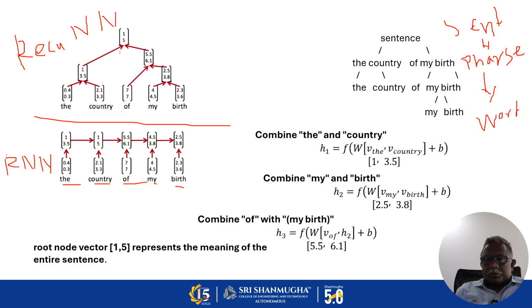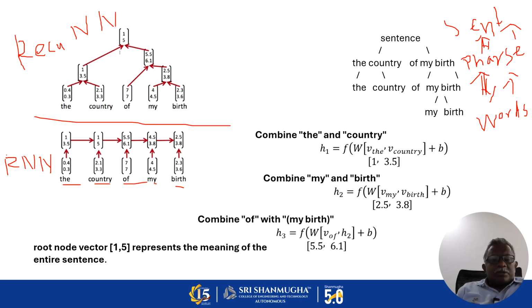These are the noun phrases, and this is the determiner, "the." All these things can be combined, and it flows like this: words to phrases to sentences. So this is the way it works.